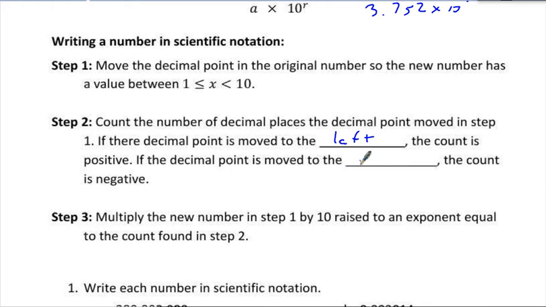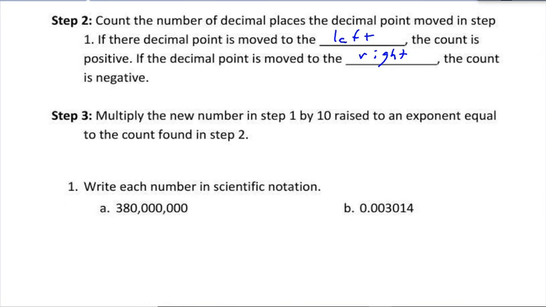And if the decimal point is moved to the right, the count is negative. Multiply the new number in step 1 by 10 raised to the exponent equal to that count that we did in step number 2. So the number of decimal places is what we were counting, and so here we go.